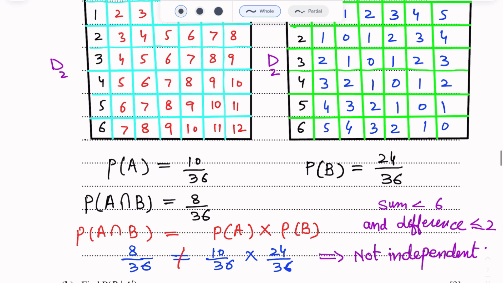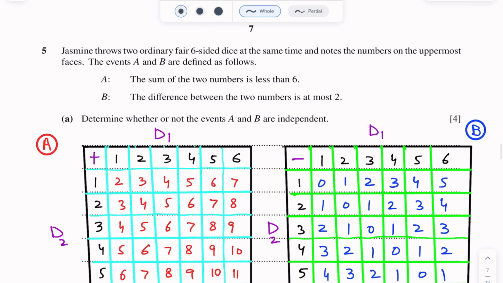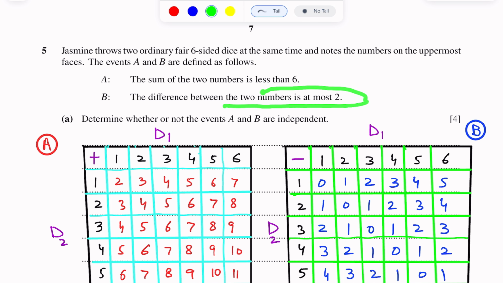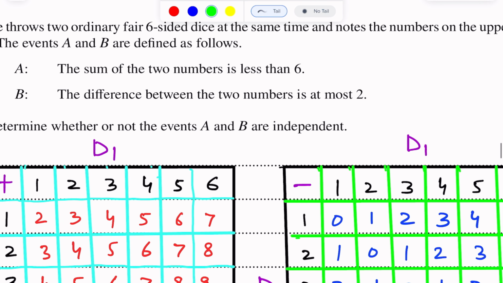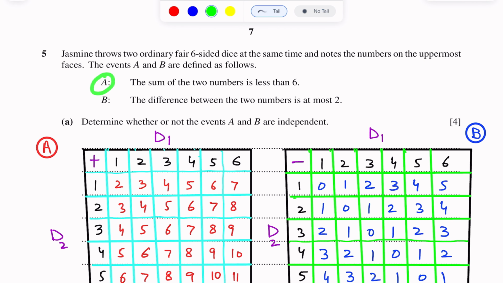B is the event that the difference of the two numbers is at most 2, meaning less than or equal to 2, and A is the numbers with sum less than 6, but A dash will be sum greater than or equal to 6.